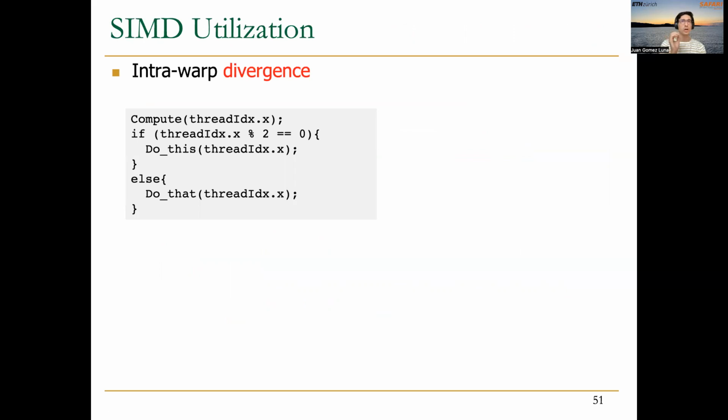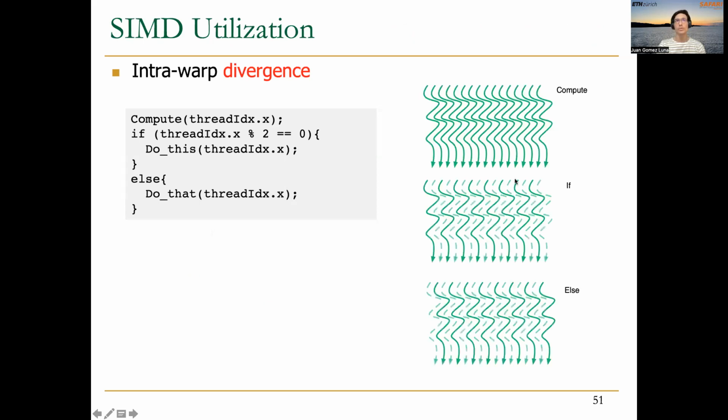In a code like this, where odd-numbered threads go in one direction and even-numbered threads go in another, for example, even threads do this and odd threads do that, as you see here, our warp is going to diverge. Half of the threads go through the if, half go through the else, and this means that we basically require twice the number of cycles to execute the warp.